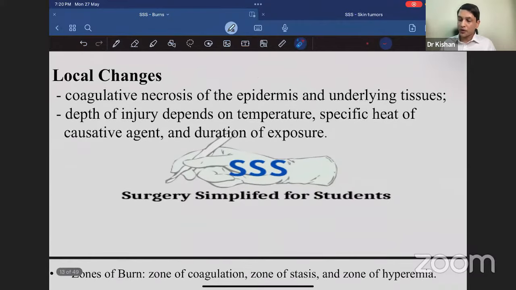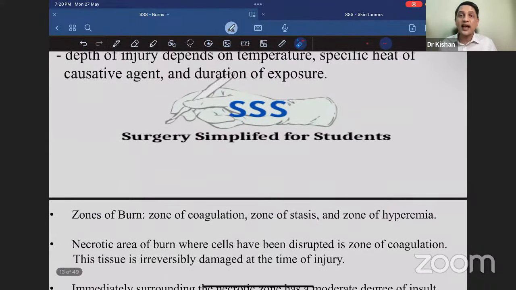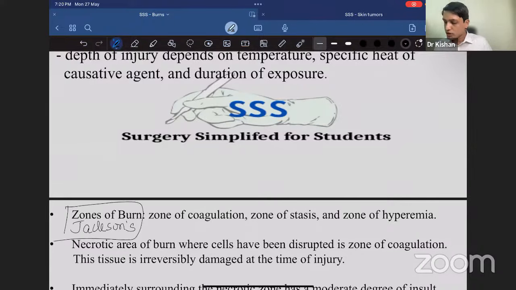Okay, locally, you describe local changes by a concept called Jackson's zones of burns. Jackson's, write along with me. Jackson's zones of burns. There are 3 zones. First one is the innermost zone, that is zone of coagulation.